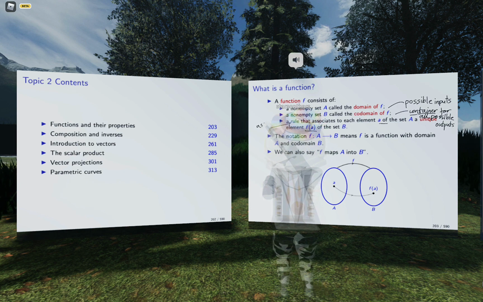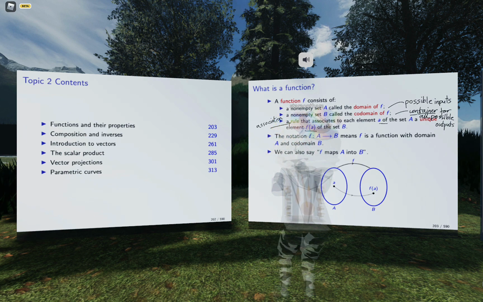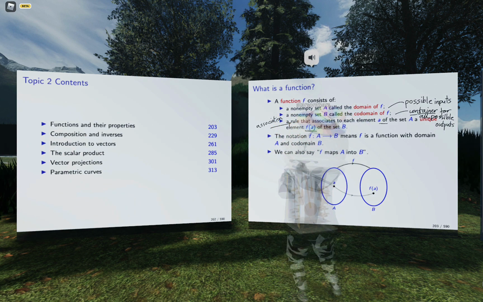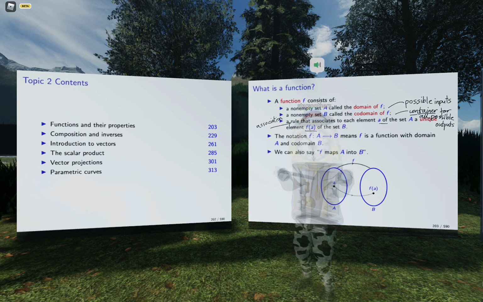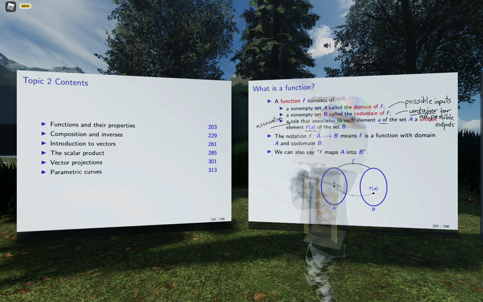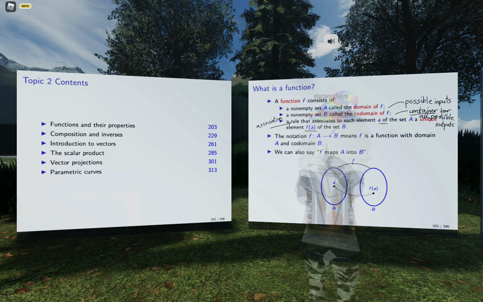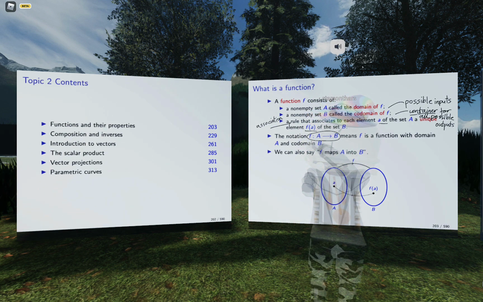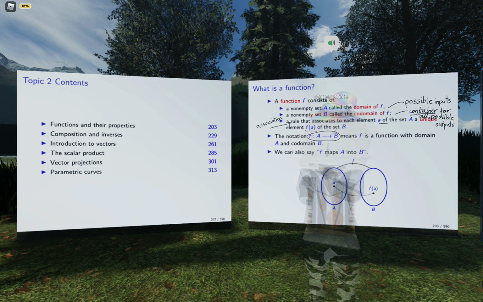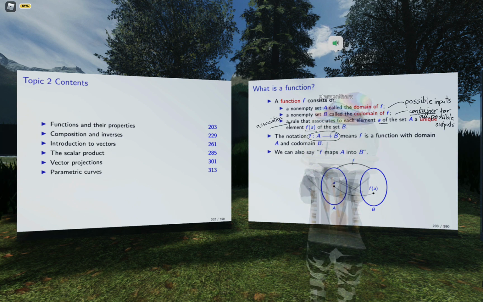You should read the word rule a bit loosely. I'll come back to this in a moment. Just read this as some kind of algorithm that allows you to associate to each element a an element f of a in B. And this notation, f colon A goes to B, encapsulates these three pieces of data.